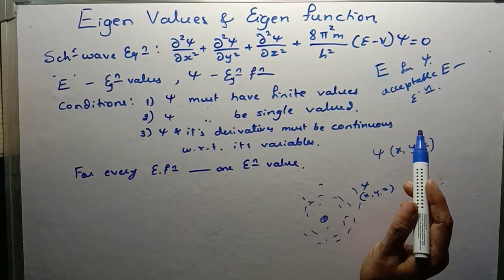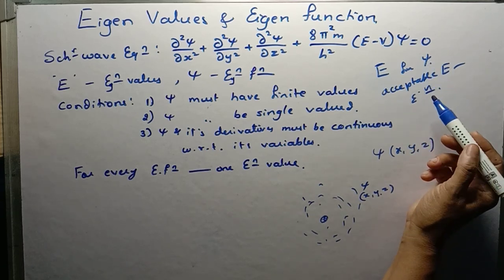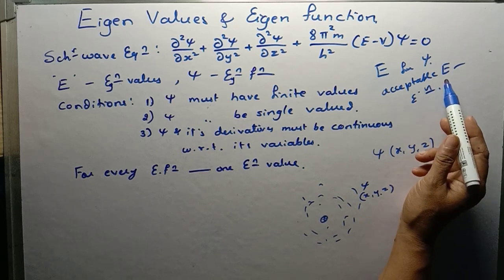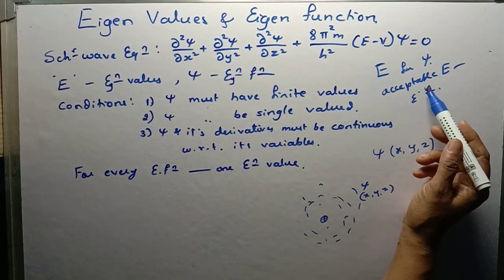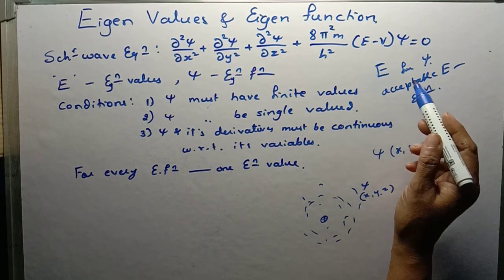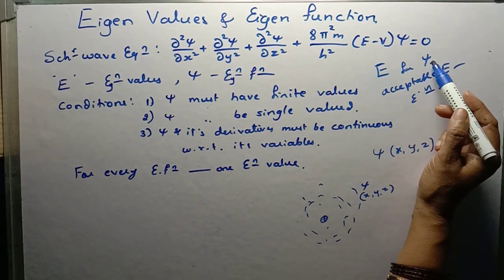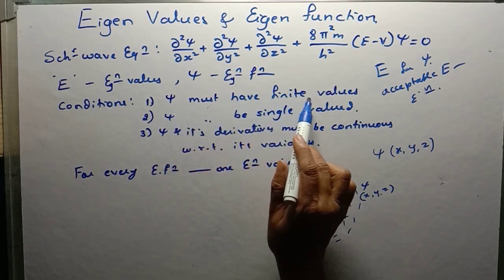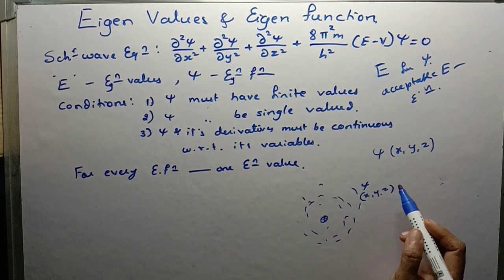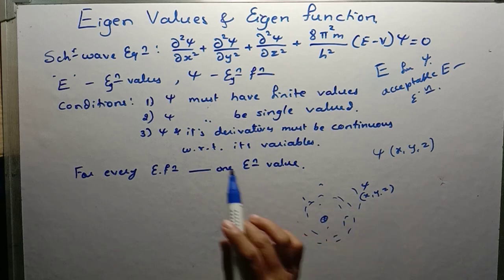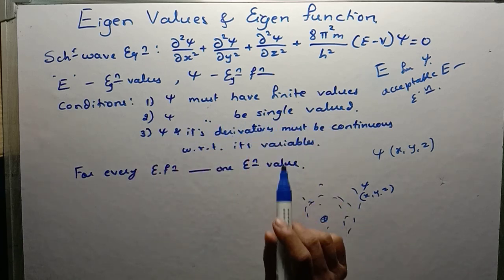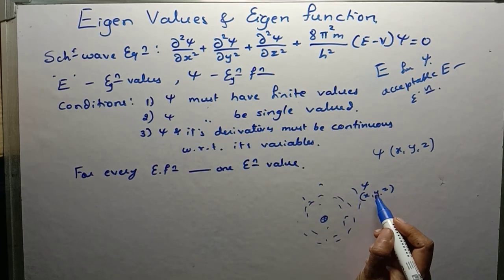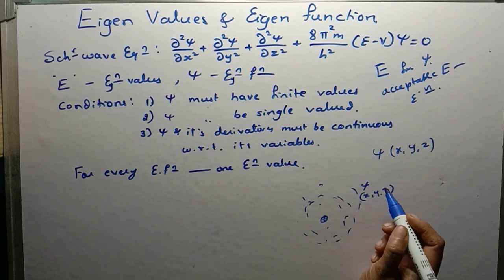In order to have an acceptable energy, there are certain conditions for the value of psi. First, psi must have finite values, that means it must be in the vicinity of the nucleus. Second, psi must be single valued, so at a point the value of psi must be single.